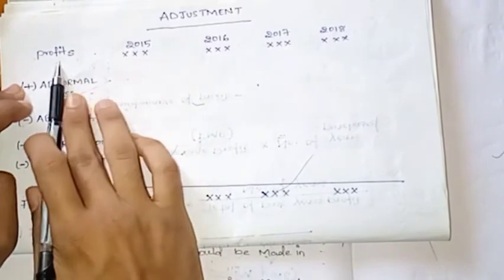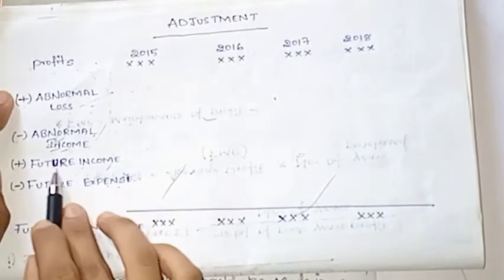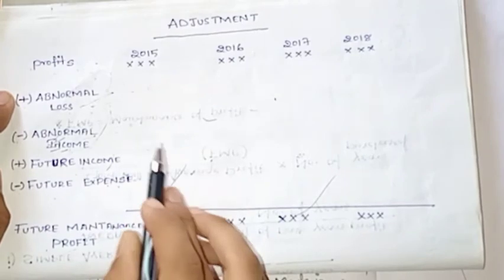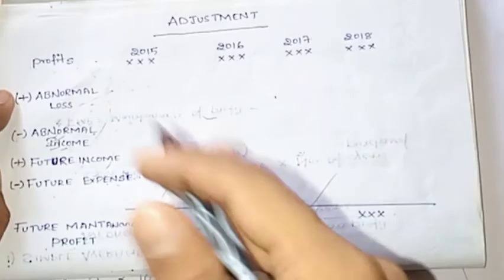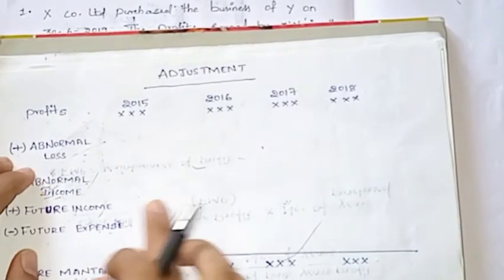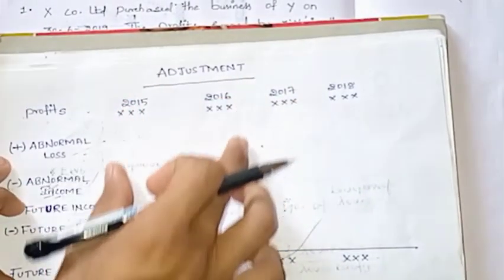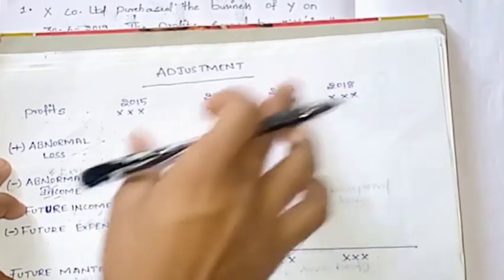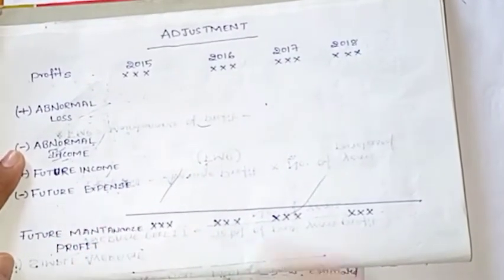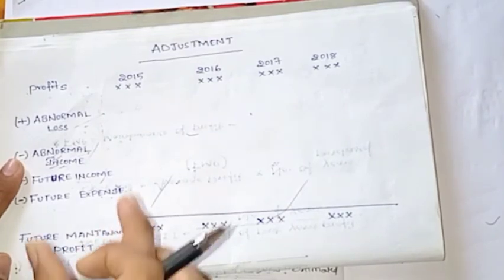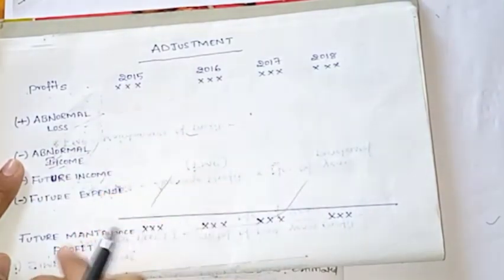As you are adjusting this profit for the future, you have to add the future income, because it is going to increase the income of the business in the future. After doing all this, you will get the future maintainable profit, the profit which the business will earn in the future.